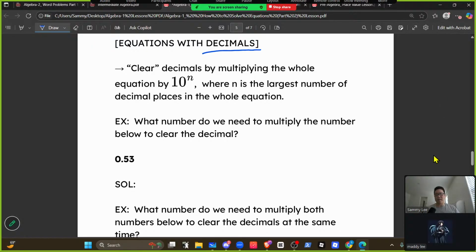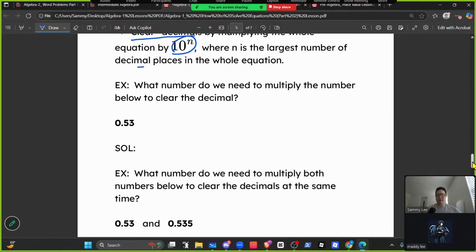Sometimes decimals are nice to deal with, but I'd rather not work with decimals. So the technique to clear decimals is by multiplying the whole equation by 10 to the nth power, where n is the largest number of decimal places in the whole equation. I'll show you what I mean.